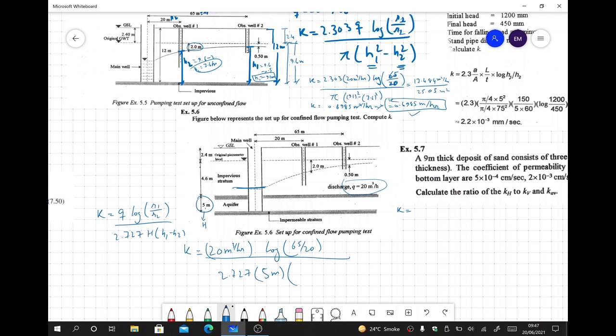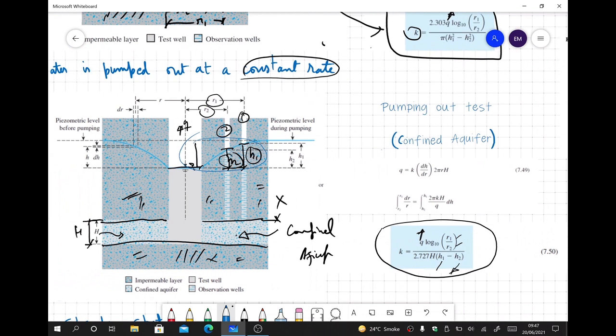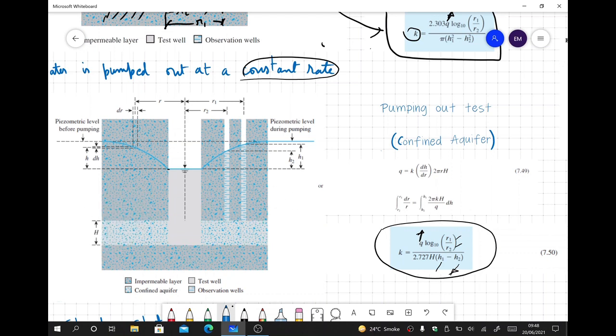Original piezometer level. I'll go back to the diagram. So H1 and H2 are the difference here, the observation well and water in the test well.